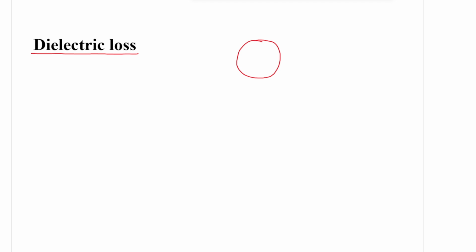Let us say this is the core having radius r, and this is the sheath having radius capital D. Now this medium is filled with a dielectric material of permittivity epsilon r.